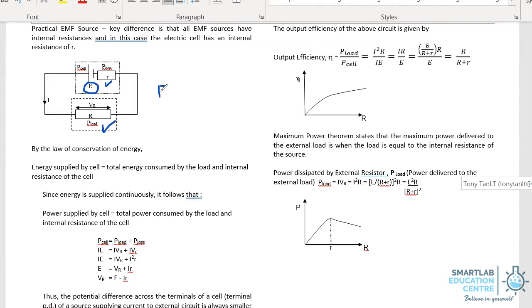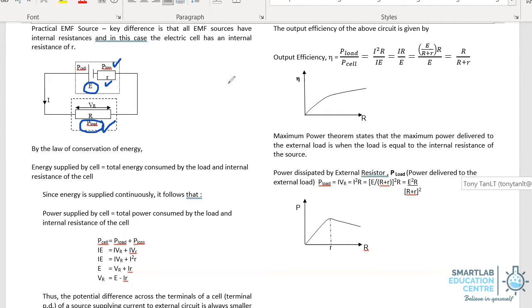E is equal to the potential difference across the external resistance plus the potential difference across the internal resistance, which is Ir.